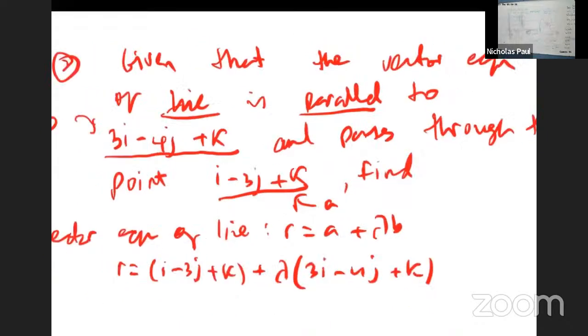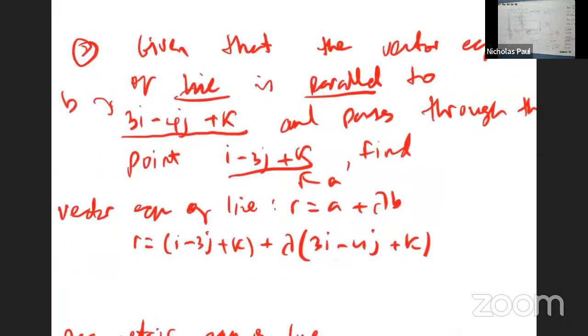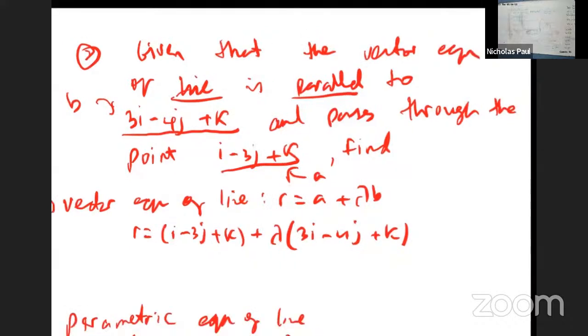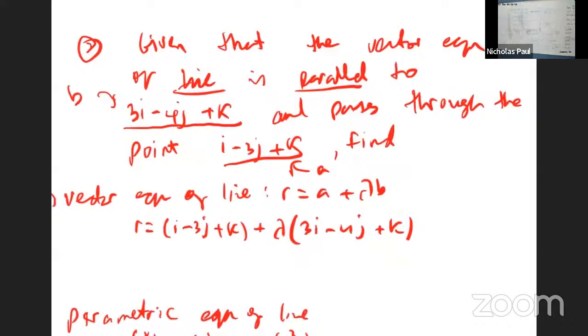Remember the vector form: r is equal to a plus lambda b. a is the point on the line, and the next one is the direction vector. So if you look at the wording here, given that the vector equation of the line is parallel to 3i minus 4j plus k, what does that mean?